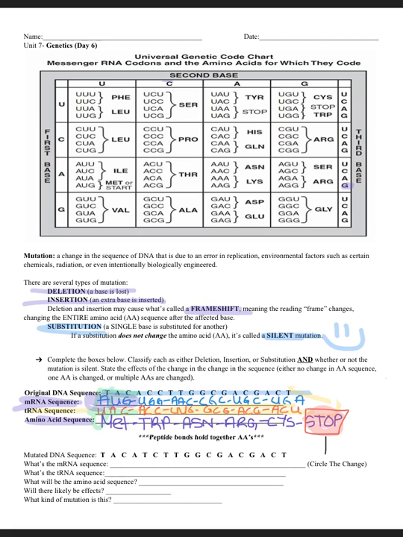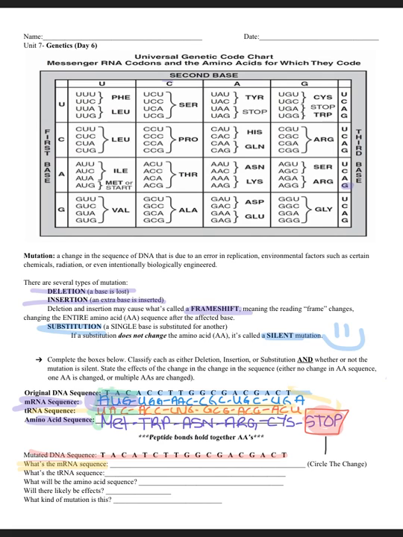Now that we found the amino acid sequence for the original DNA sequence, you're going to pause this video now, and you're going to do everything we did for the original DNA sequence for the following 4 mutated DNA sequences, okay? So for mutated DNA sequence number 1, you're going to do the same exact thing we just did. You're going to look at the DNA sequence, then find and determine its mRNA sequence by transcribing it, okay?